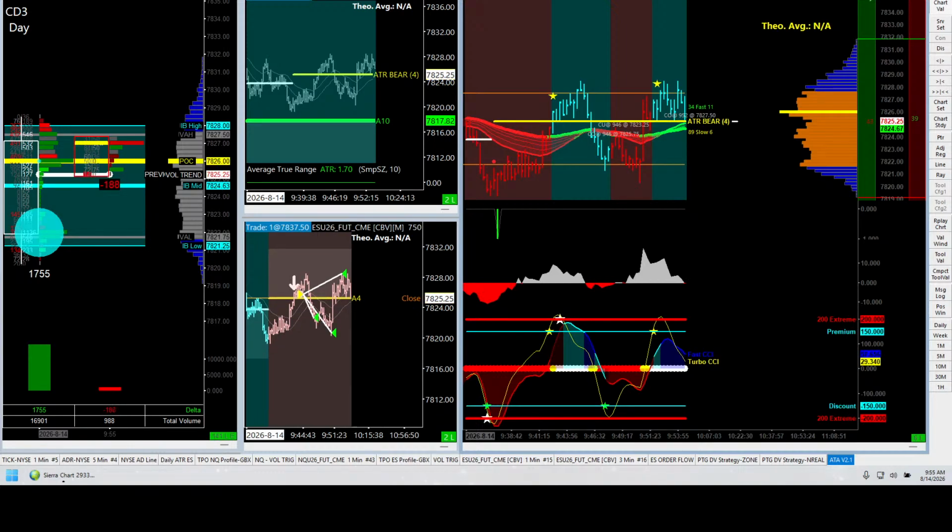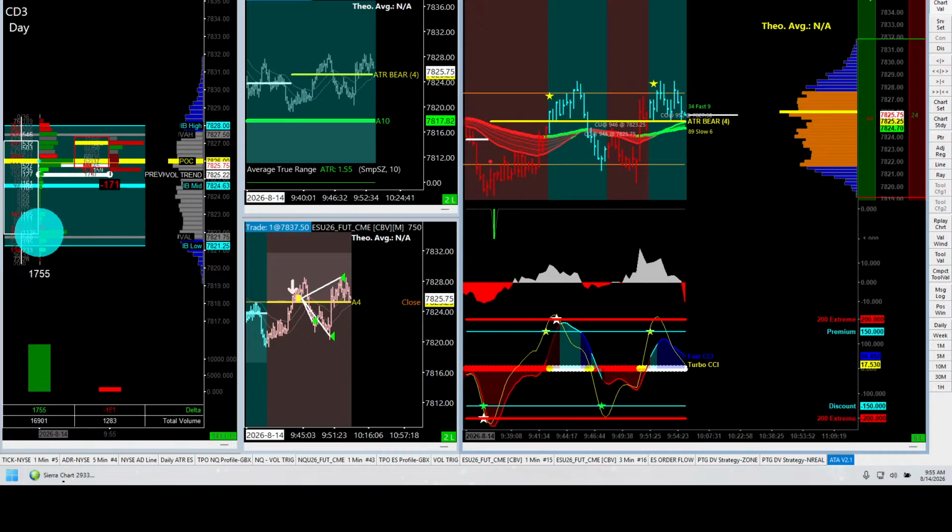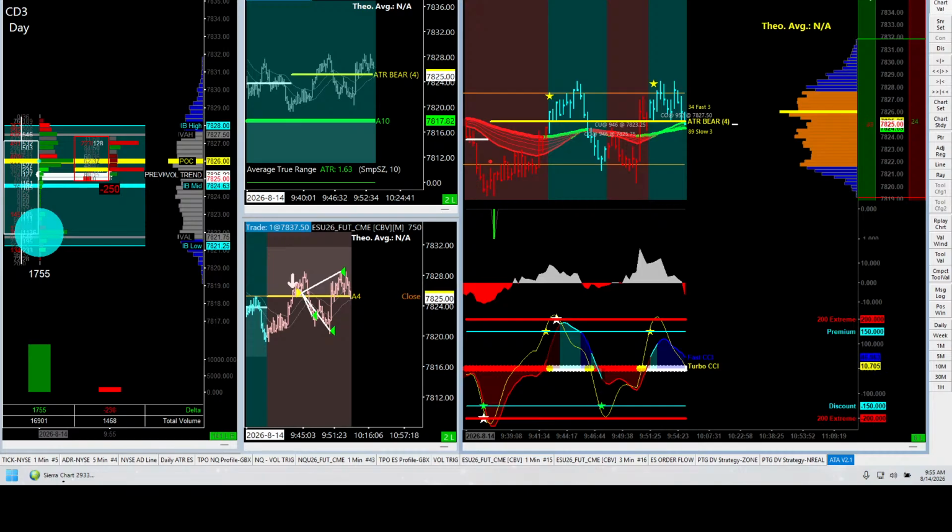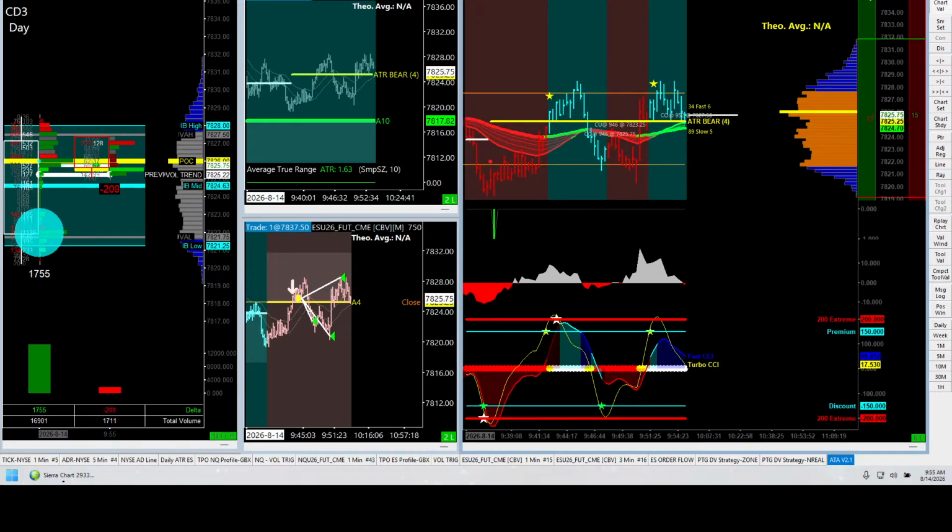Also, you are all aware that the second half of August is probably the biggest vacation period of the year. Portfolio managers, traders, analysts, that whole group.